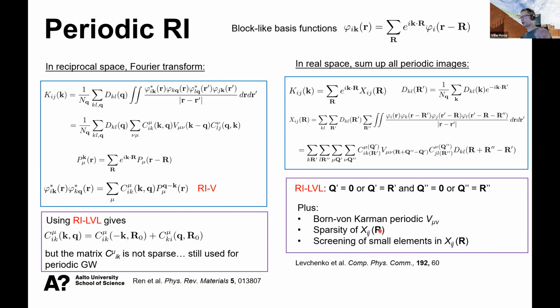You get the sparsity of the X_ij, and then it turns out that you have to make the V_mu V, also the Coulomb matrix, periodic. It's all in Sergei's paper. It's a little bit long story, but the point is that it's beneficial to do the RI for periodic systems in the real space because you get rid of so many elements. Okay.